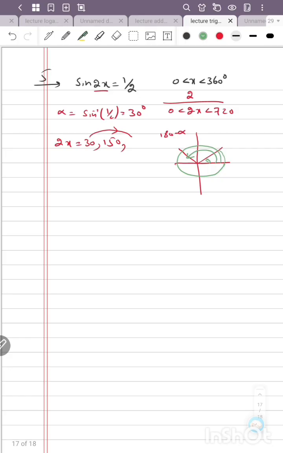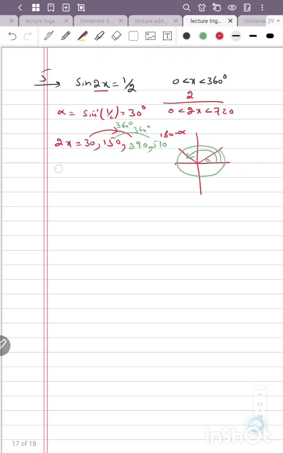So simply, we can also write it in this form. You just add 30 plus 360, you get 390. Okay, dear student, now you add 360 more, you get 510.